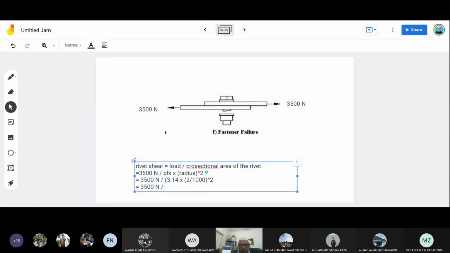That is 2 over 1000, squared, times 3.14, which is 0.0000126 meter squared.